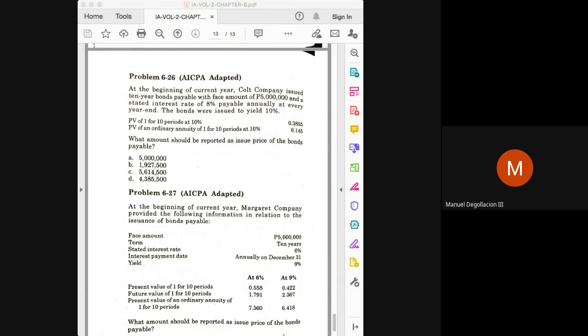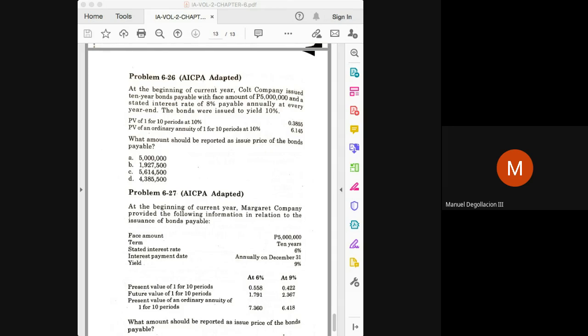So you multiply the periodic interest payment of 400,000 with the annuity factor of 6.415. Wait, the calculation is wrong.